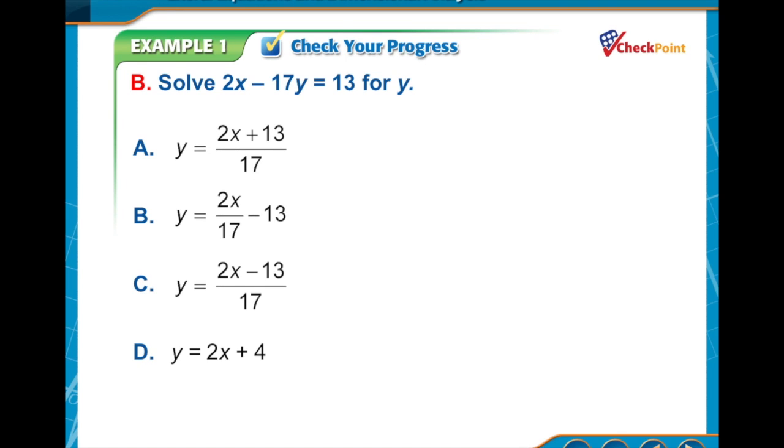So 1b, we want to get y by itself this time. We're looking for y. So we need to get this alone. So we need to get rid of everything else and solve for that variable. So if I rewrite my original, this is our equation.